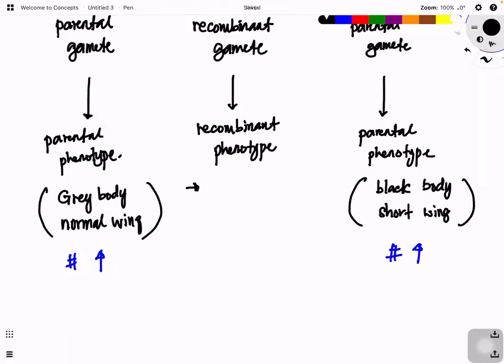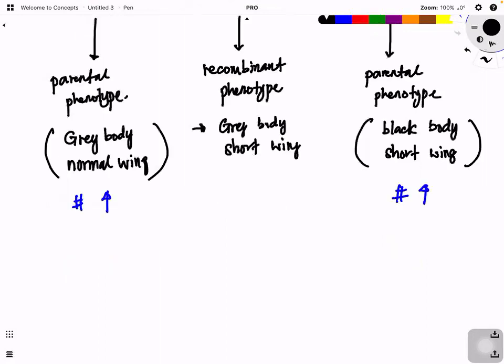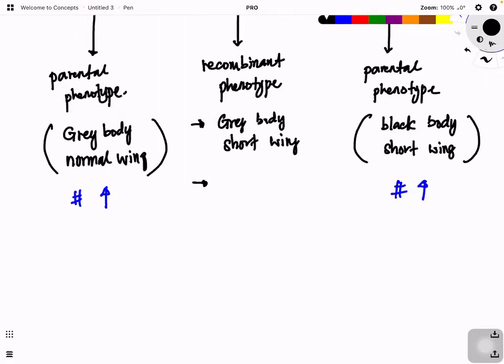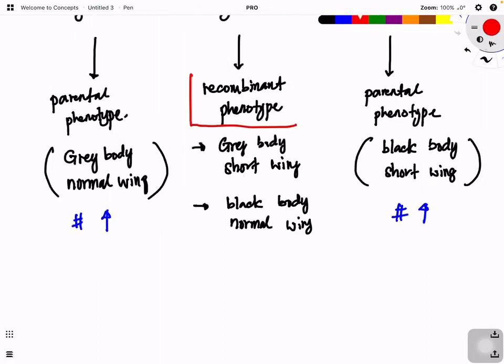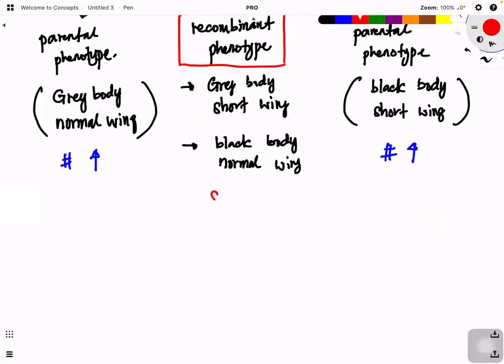Either we have the mixture of gray body with short wing, or the black body with normal wing, which is a mixture of both parental types. We name these the recombinant phenotypes, and they occur in a small number.